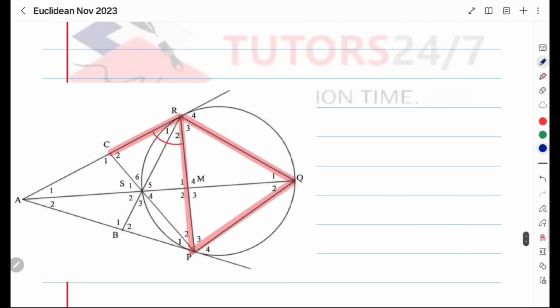So here we can state that the angle CRM is equal to Q, the whole of angle Q, and our reason is tan chord.